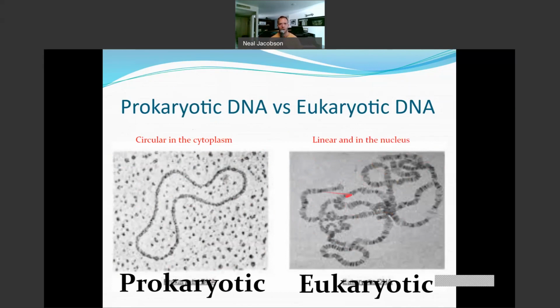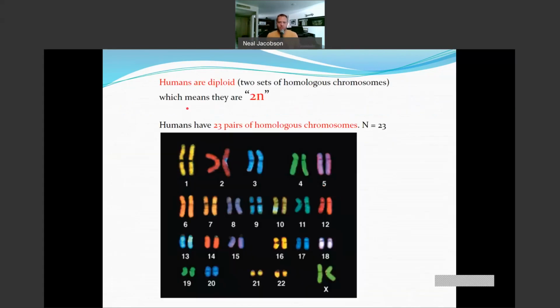Humans, and a lot of animals, to be honest, are diploid. That means we have two sets of homologous chromosomes, and sometimes we'll say that you are 2N. Take one set of homologous chromosomes, like the left one of each of these: the left red chromosome here, the left blue one, the green one. Imagine these all look like pairs of shoes.